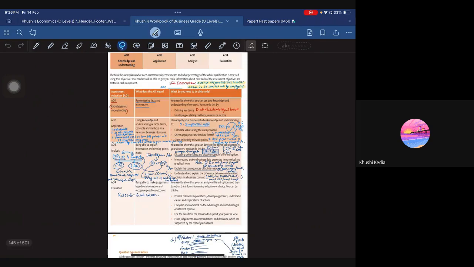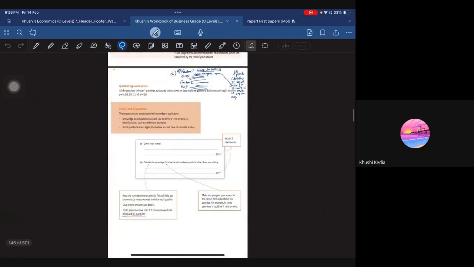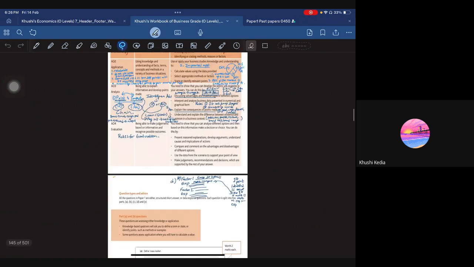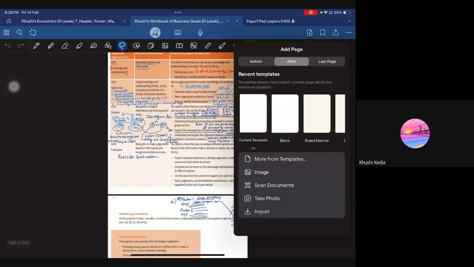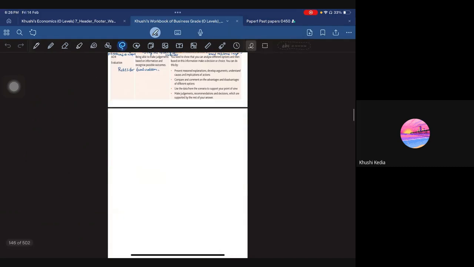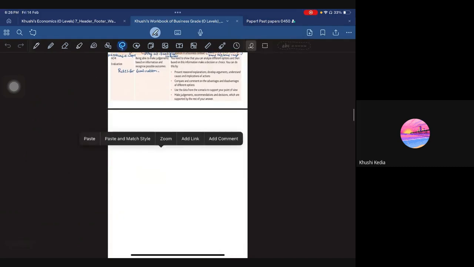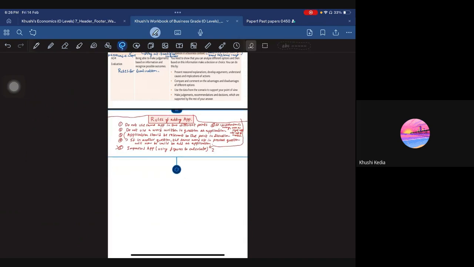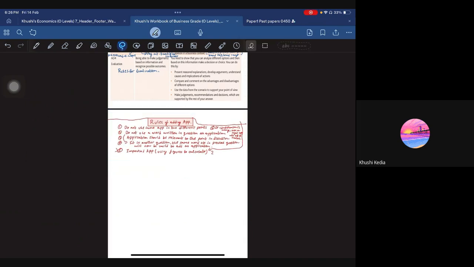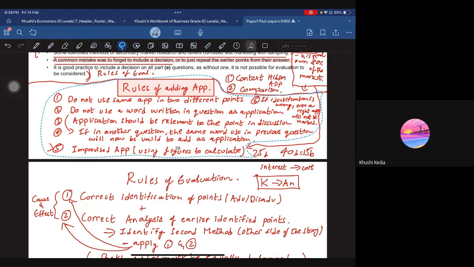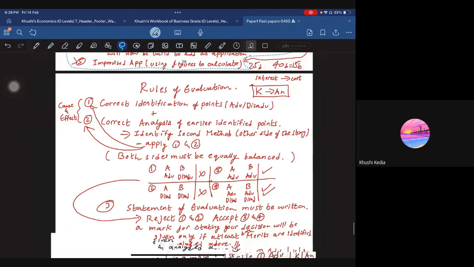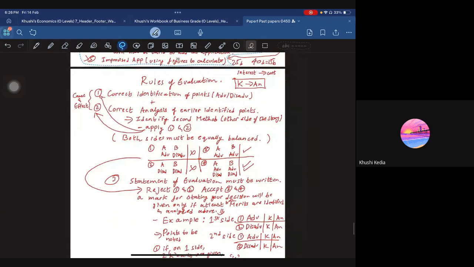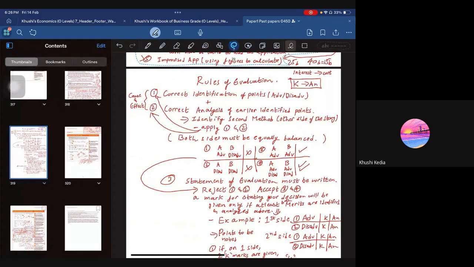So here in business, I'm going to attach it. I will need a page here. Paste, right? So these rules you can have a look at whenever you want to, so you can refer to them. And this as well, how about we just copy this whole page?